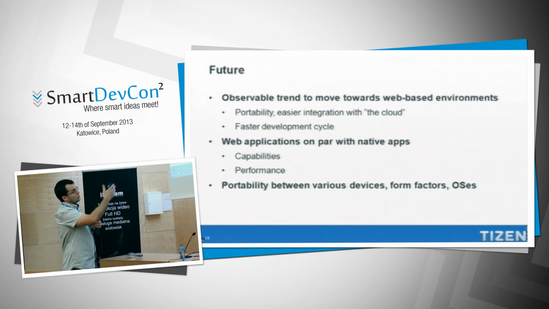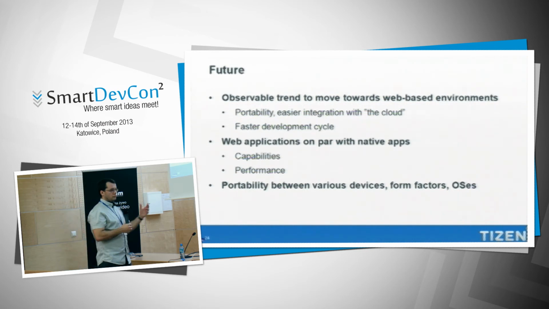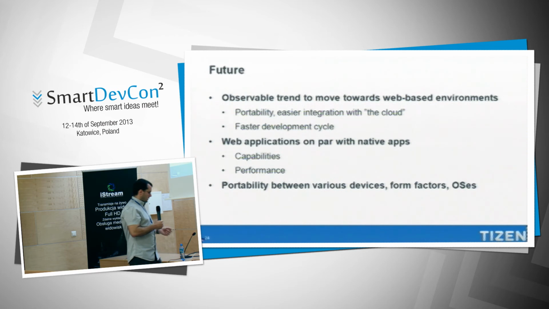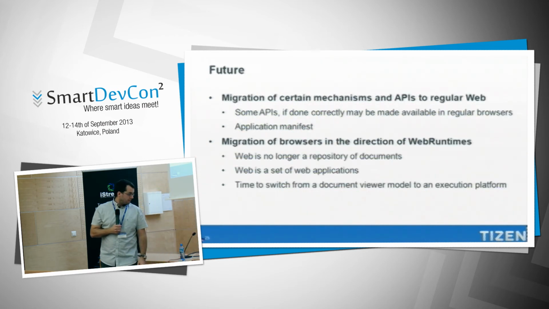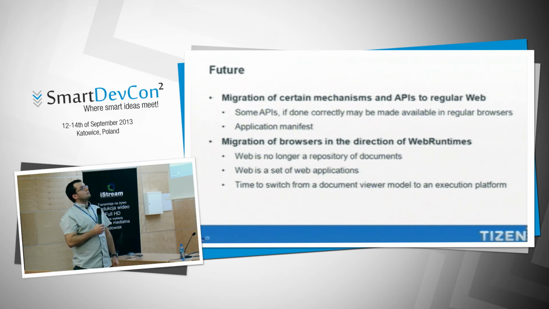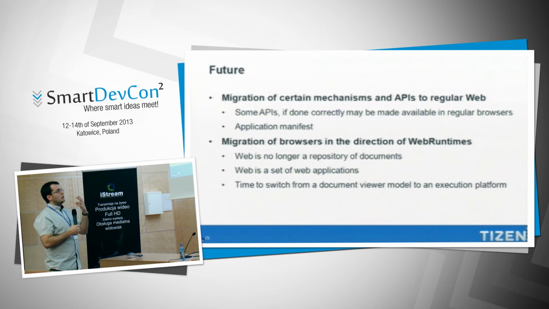And we're going to go for portability between various devices, form factors, and operating systems, so that applications written once can be run everywhere. So, in essence, I think we will see the migration of certain mechanisms and APIs from web runtimes to the regular web.